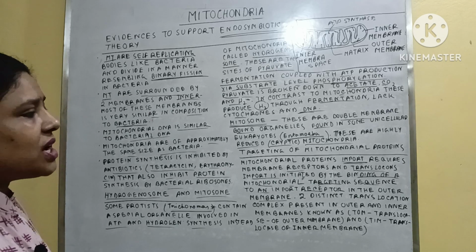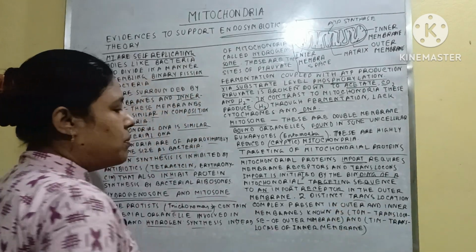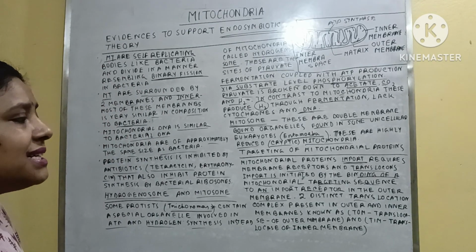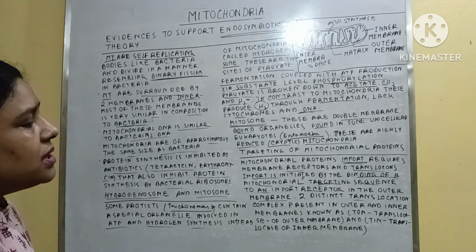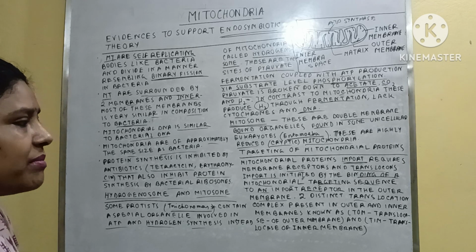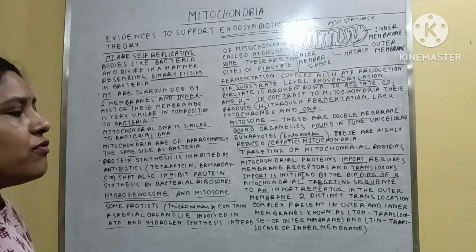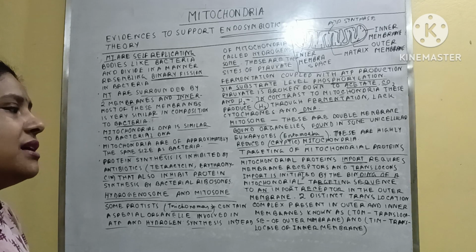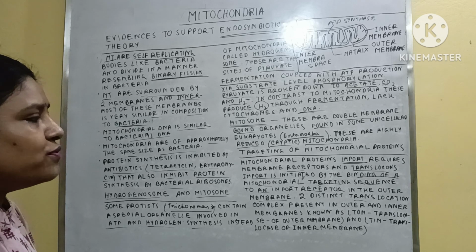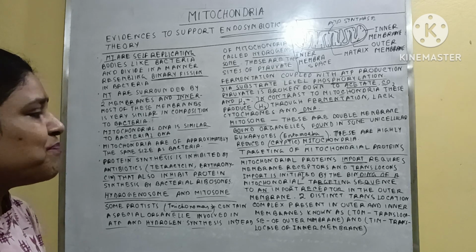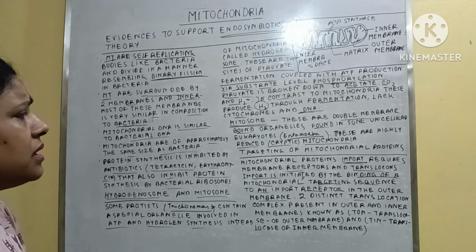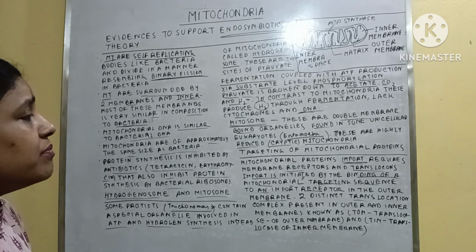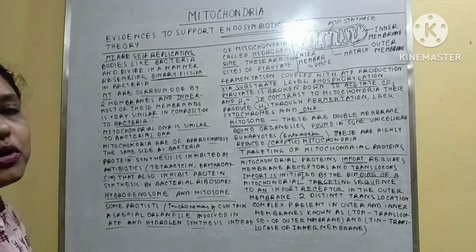Two distinct translocation complexes are present in the outer and inner membranes: one is called TOM and the other TIM. TOM is the translocase of the outer membrane and TIM is the translocase of the inner membrane. With the help of these two translocases, the import of proteins is possible.